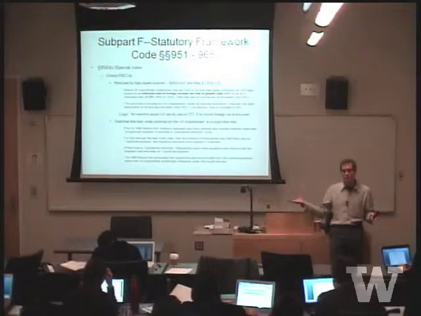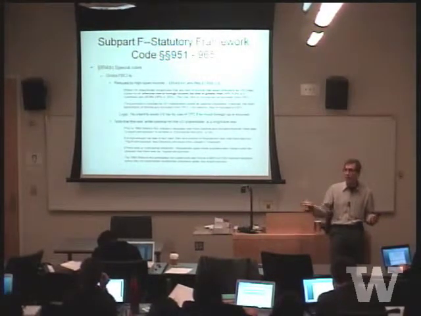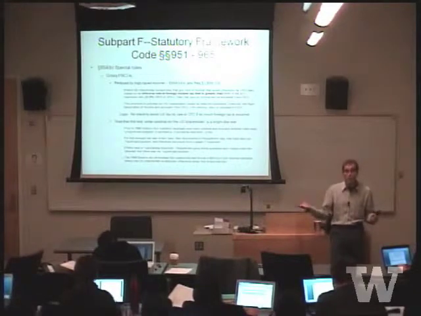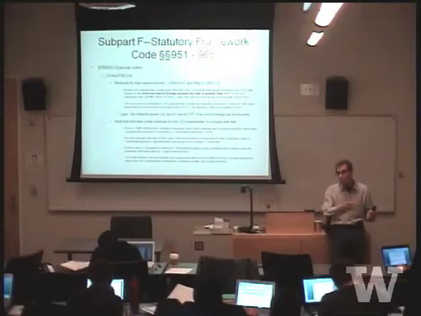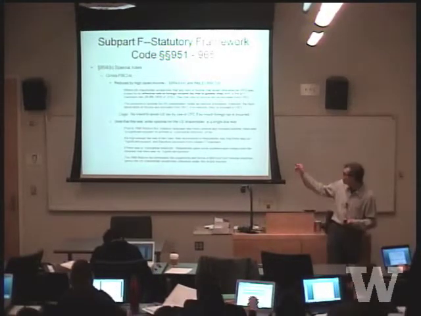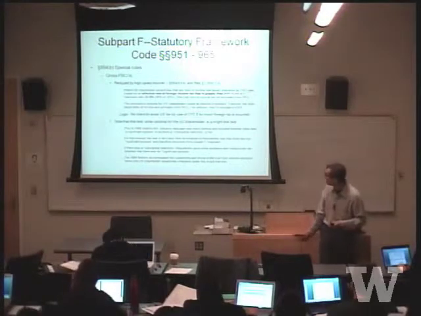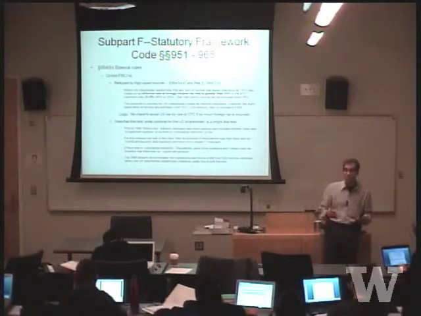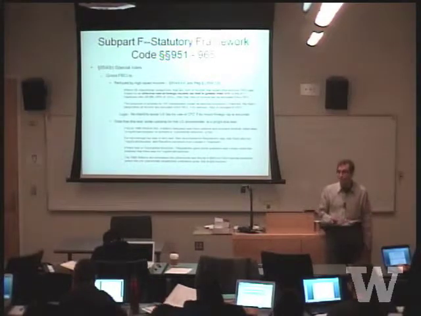So there's an exception that says, if you establish that this income actually is subject to a high foreign tax, then you don't have to treat it as subpart F income. Obviously, the logic is no intent to avoid U.S. tax, therefore it doesn't have to be covered by subpart F.